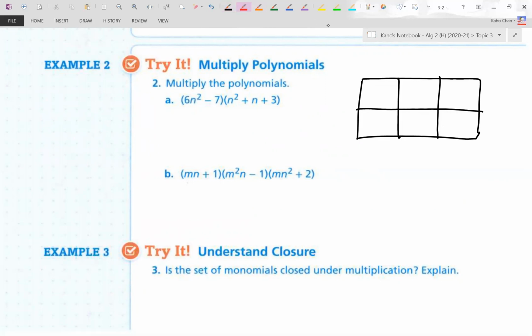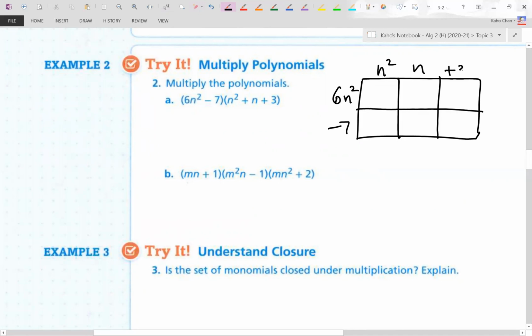I'm going to go ahead and write the binomial first, 6n squared minus 7 along the edge there for the binomial, and then we have n squared plus n plus 3. Okay? So you can do distributive property or FOIL.